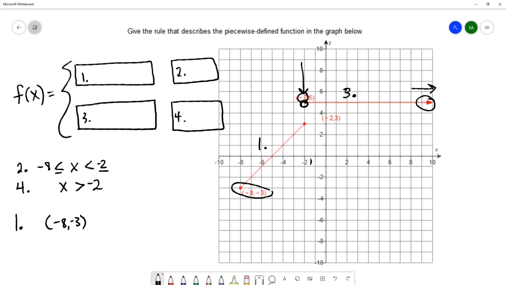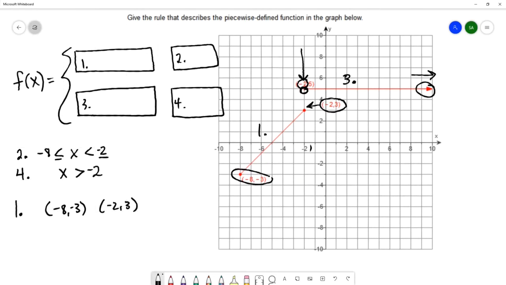And the other point looks like they've labeled it right here for me. It seems a little bit far away, but that's the point (-2, 3). And with those 2 points, I'm going to be able to calculate the slope and then find the equation of the line.